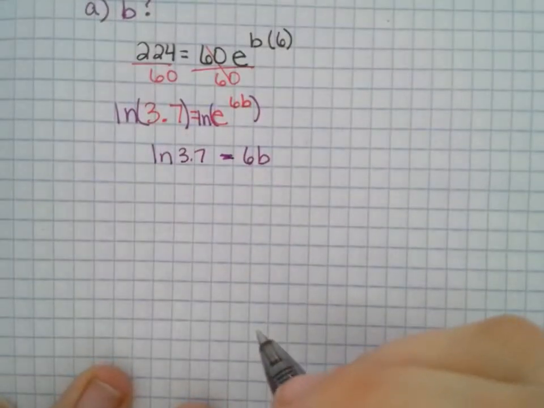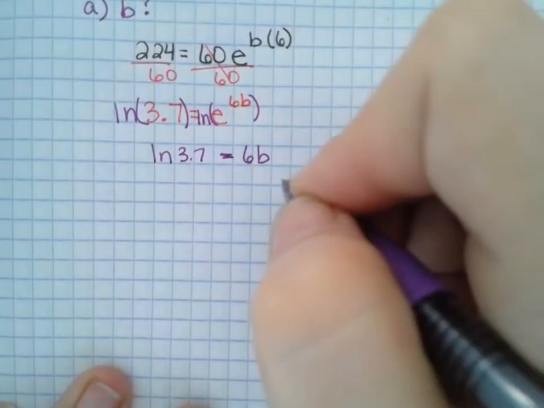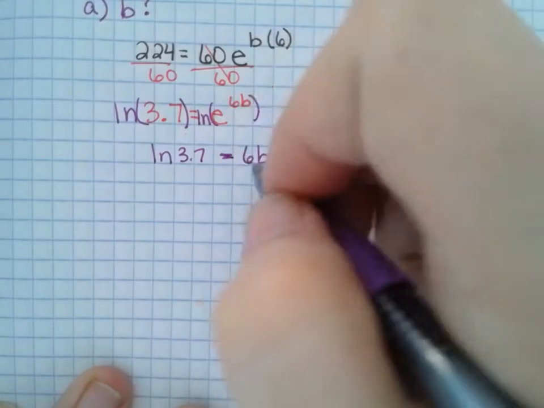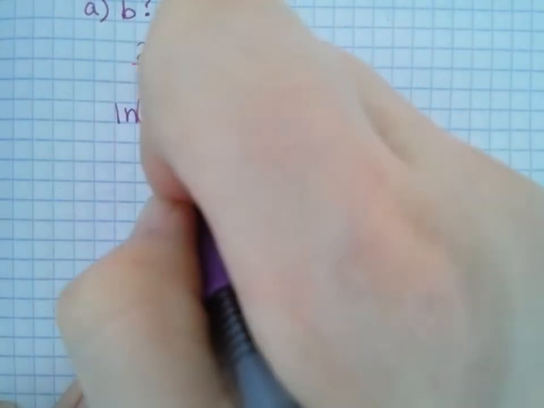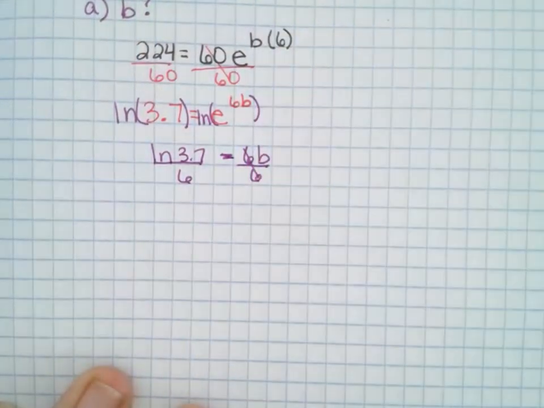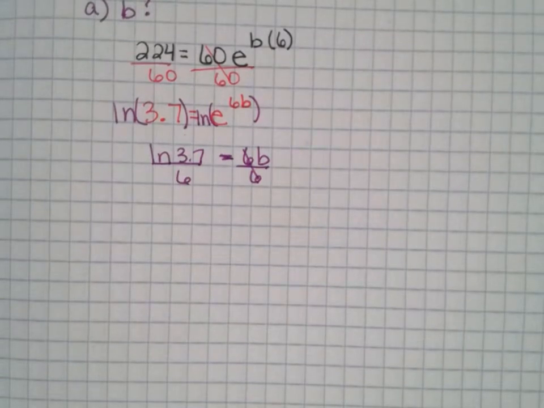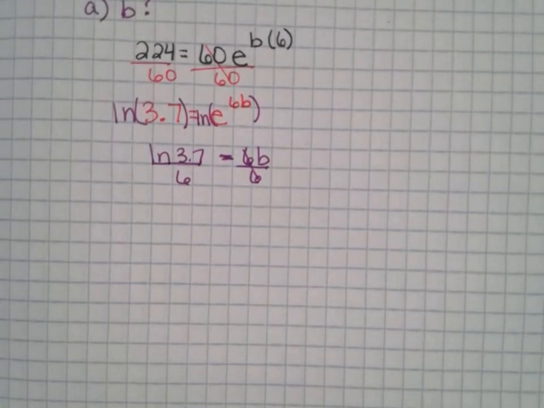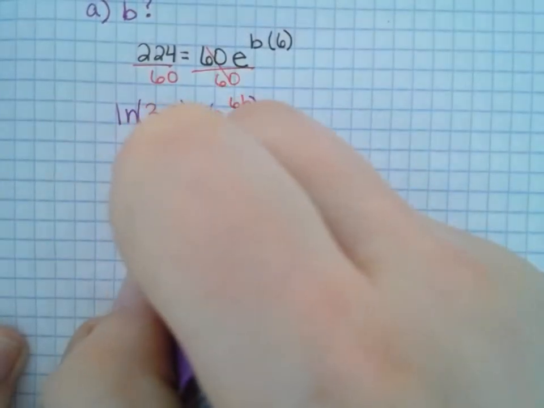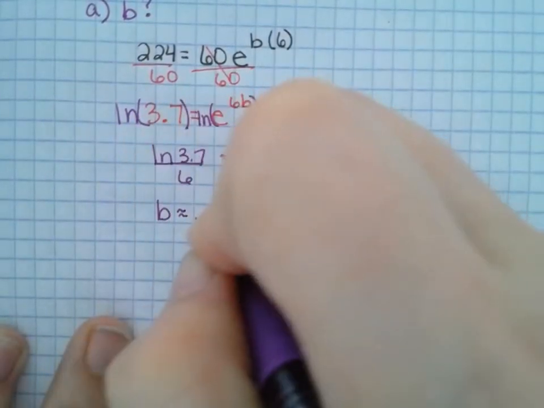Next step. Divide by 6. So in your calculators, you need to get a fraction: natural log of 3.7 over 6. If you do this correctly, I've got my growth rate to be about 0.22.